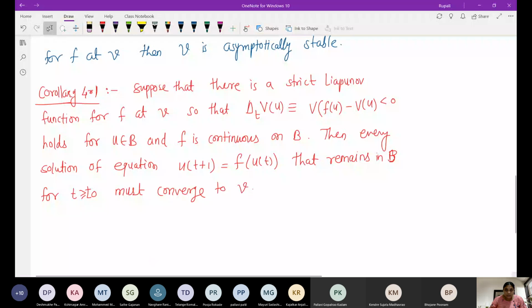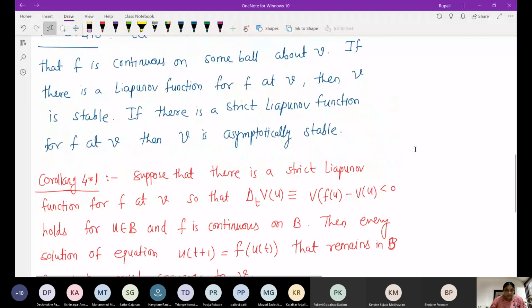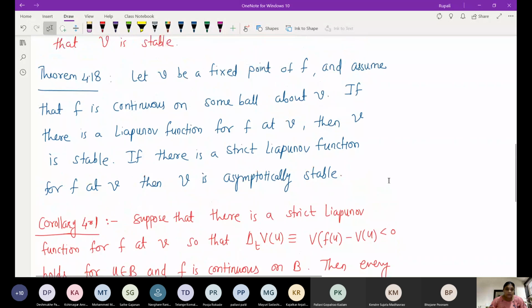So Theorem 4.18 says that if V is a fixed point and f is continuous on small v, and if there exists a Liapunov function, then V is stable. And if there exists a strict Liapunov function, then V is asymptotically stable.